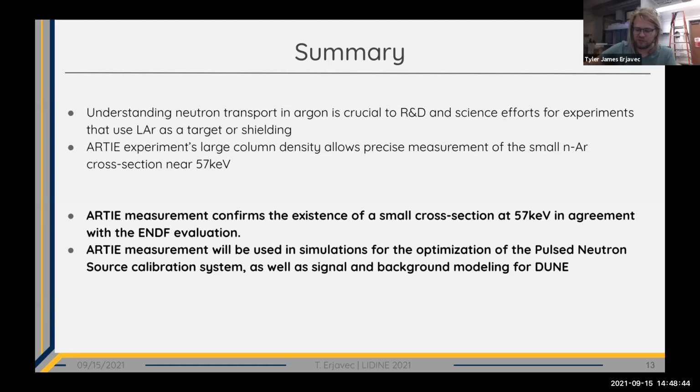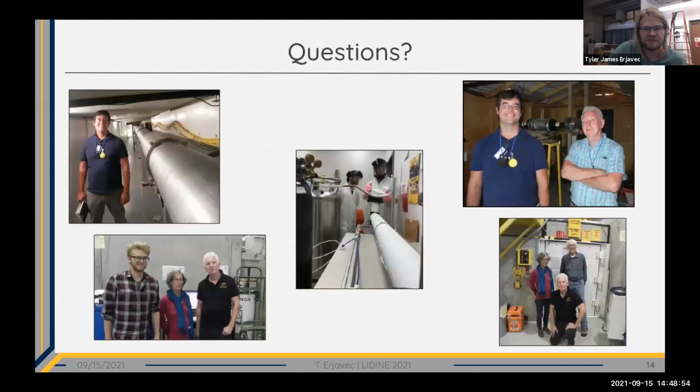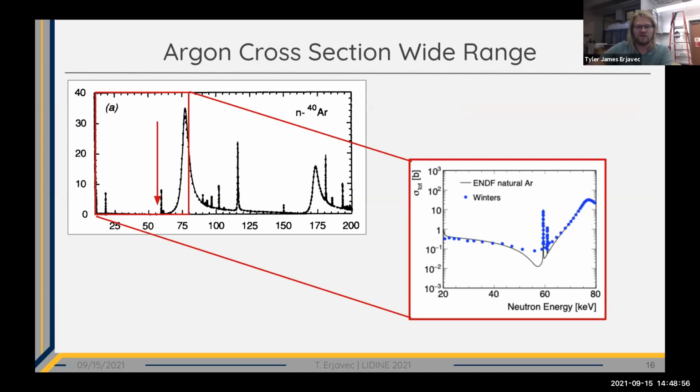The previous measurement by Winters was simply because they didn't have a thick enough target, so they weren't able to resolve lower. If you look at the total cross section of argon, it's many orders of magnitude above the region that we're looking in.